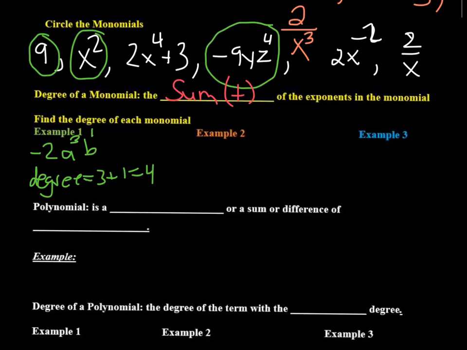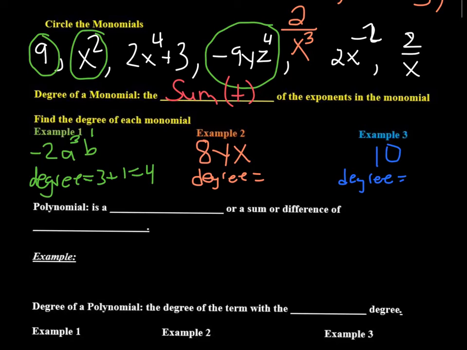Alright, so I'm going to write down 2 examples, and then I want you to pause the video and try it and check the answer with mine. Example 2 is 8yx, and example 3 is just a number, 10. So take a minute to pause the video, try it out, and then check with my answers.